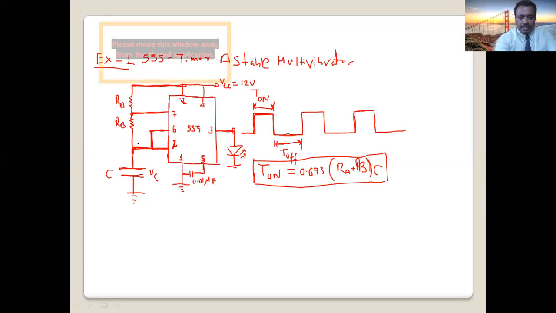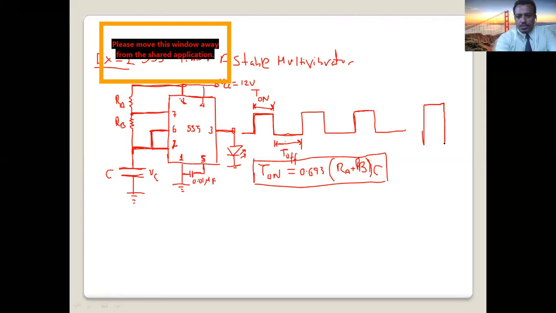Now, when you connect this battery, the capacitor starts to charge. As I have discussed, capacitor is a charge storage device, right? Charge storage device, just like a water container.